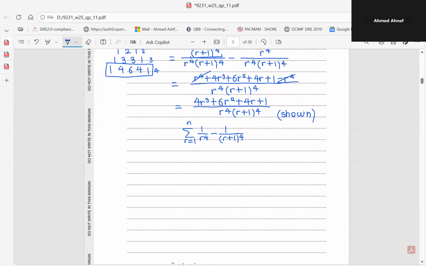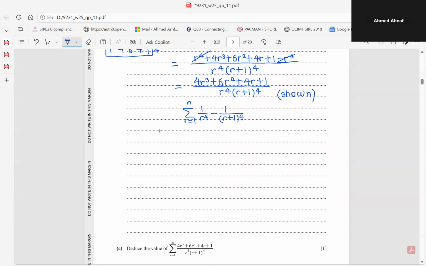So to do the method of differences, just substitute as you would normally in any summation. The first term is r equals 1, so we'll substitute r equals 1 first. You get 1 over 1 to the power 4 minus 1 over (1 plus 1) to the power 4, so that's 2 to the power 4. Just leave it as that.